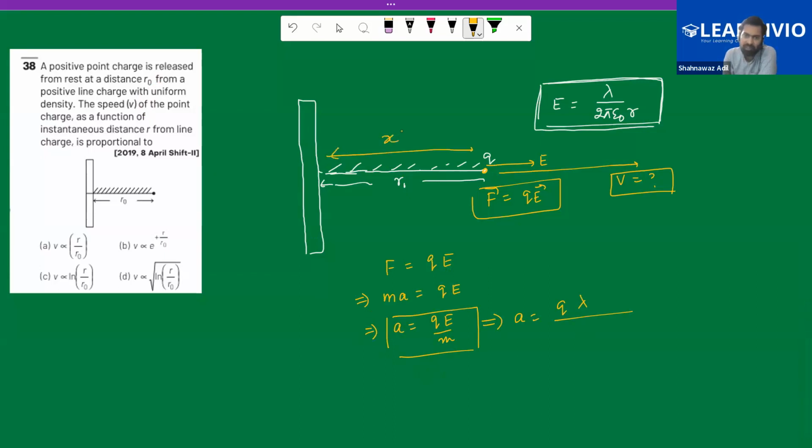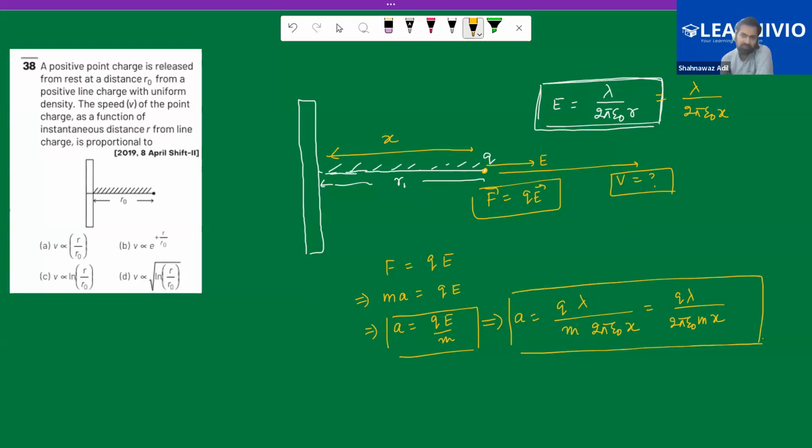Let's say that this distance is x. So this is variable. So the acceleration is q lambda by 2 pi epsilon naught m x. This is the acceleration that we have. Is it clear?